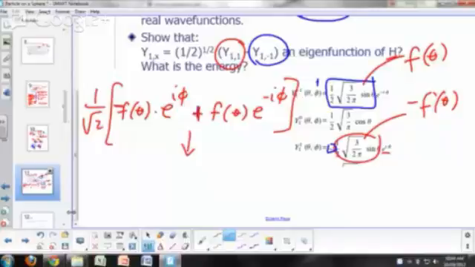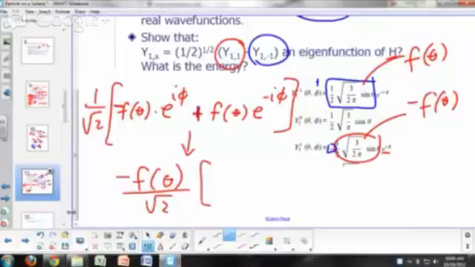What do I get? Okay, let me factor out negative f of theta instead. If I factor out negative f of theta over square root of 2, what do I have left inside? e to the i phi minus e to the negative i phi, right?